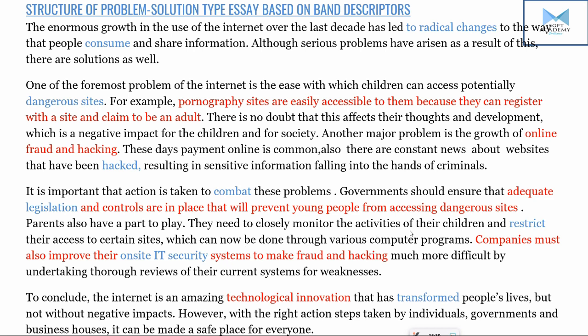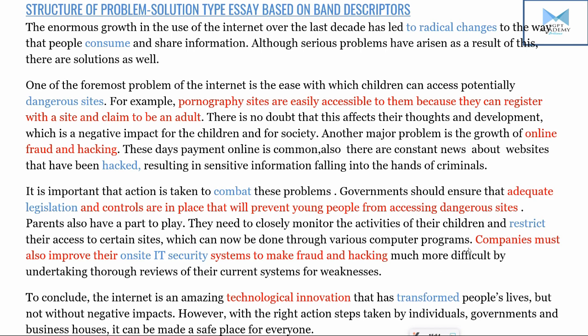Now see, in this statement there is a usage of a comma that shows it's a complex sentence, so grammatical range has been taken care of here. Companies must also improve their on-site security system to make fraud and hacking much more difficult by undertaking thorough reviews of their current system for weakness.